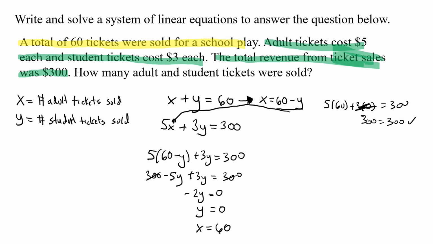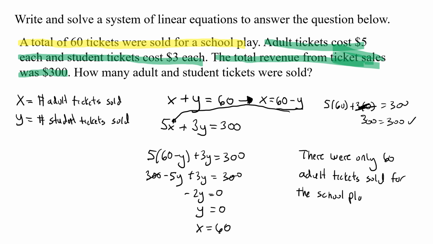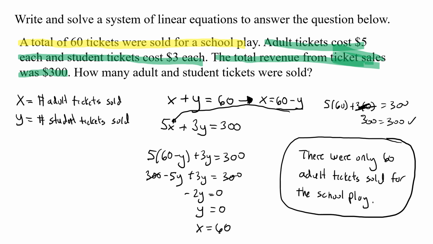So in this problem, we know that x is adult tickets, so there were only 60 adult tickets sold for the school play. So no students came to the play, only adults like parents, family members, what have you.